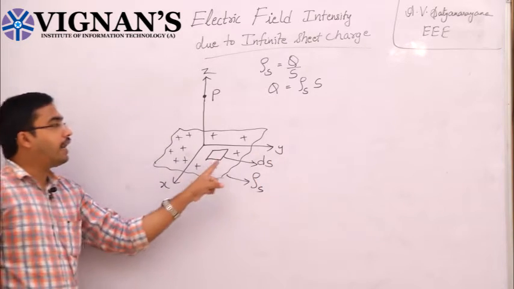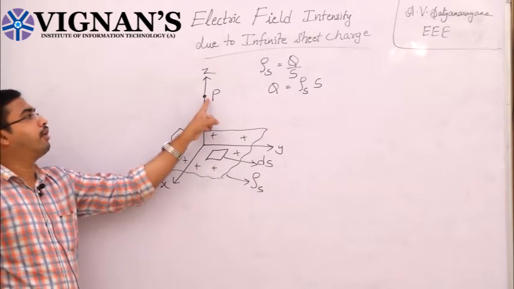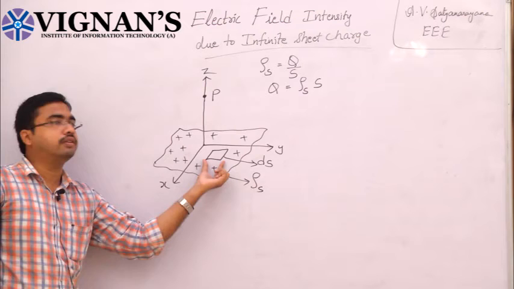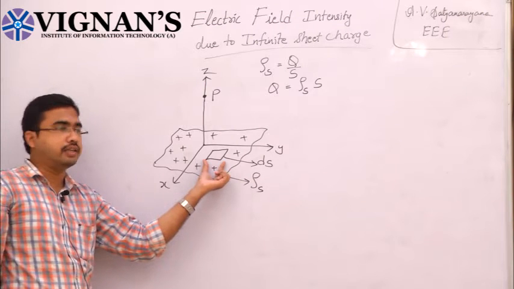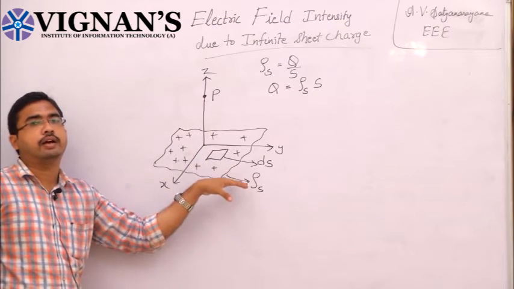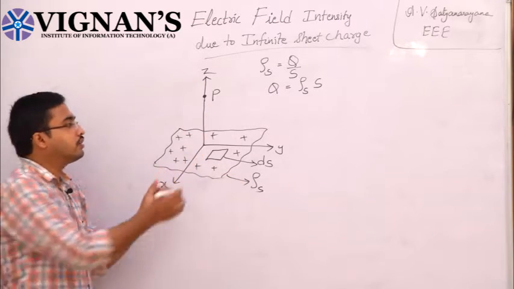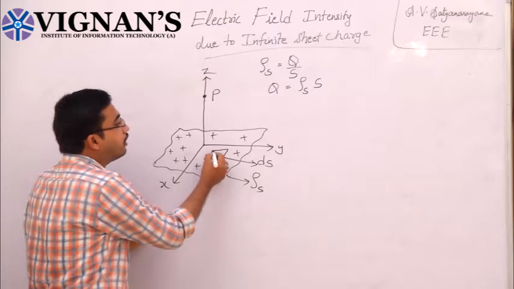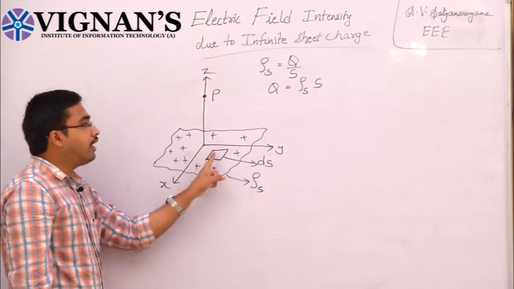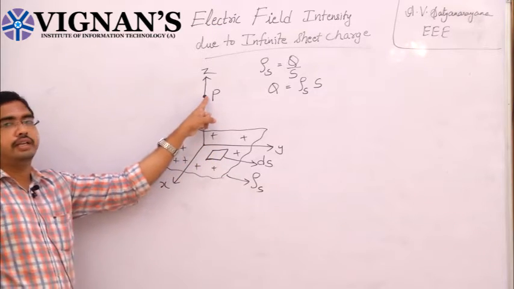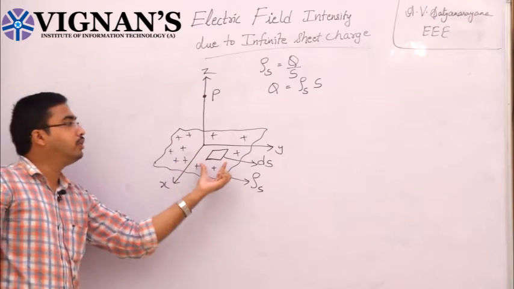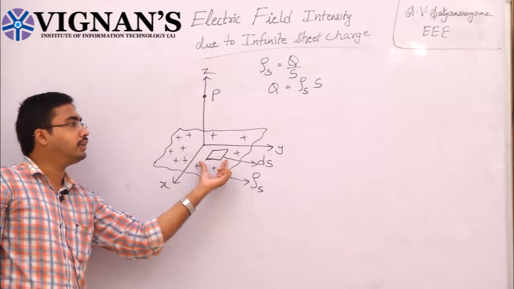We will find the electric field intensity at this point P due to only this small differential surface ds. Then we will integrate over the complete limits and find the complete electric field intensity. So let us consider a small differential area ds, and we need to find the electric field intensity at point P due to it.